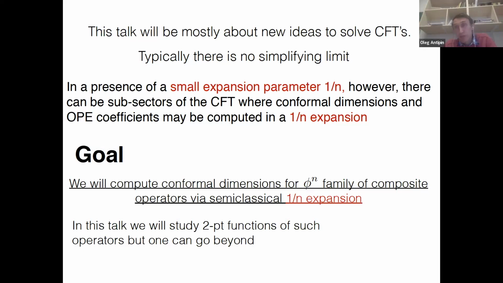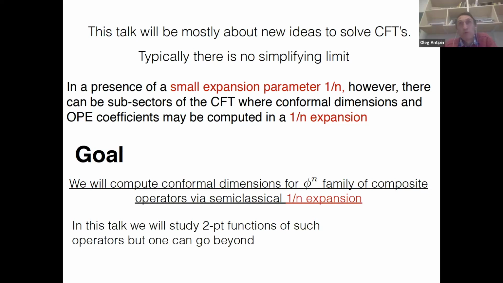But in the presence of a small expansion parameter, like 1 over n, a 't Hooft-like expansion, there can be subsectors of the CFT where conformal dimensions and OPE coefficients, in other words the data which we need to specify a CFT, we can compute in the 1 over n expansion, a semiclassical expansion actually.